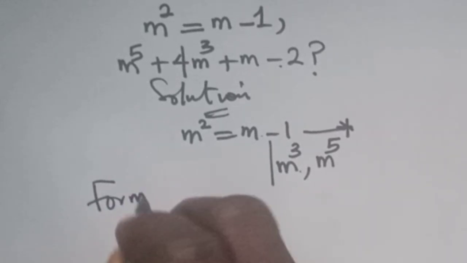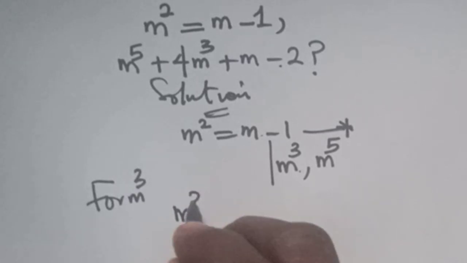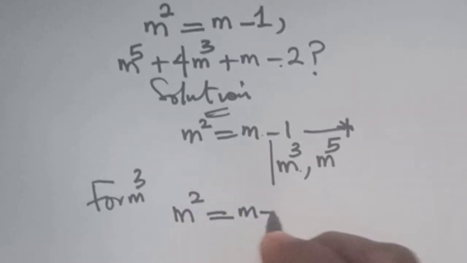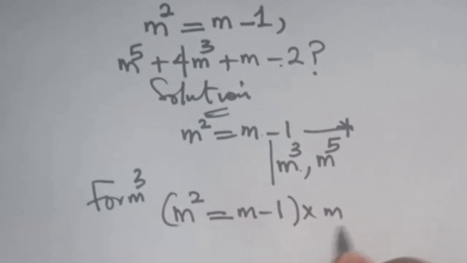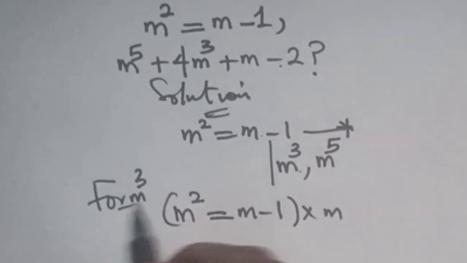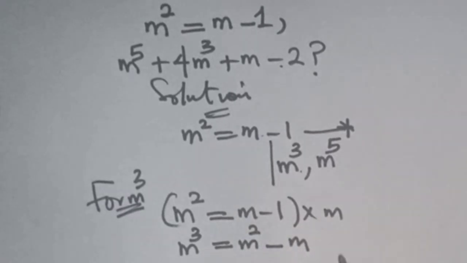So for m to the power of 3, from our equation, m to the power of 2 equals m minus 1. If we multiply this equation by m, then we achieve m to the power of 3, that is m times m to the power of 2, which is m to the power of 3, equals m to the power of 2 minus m.